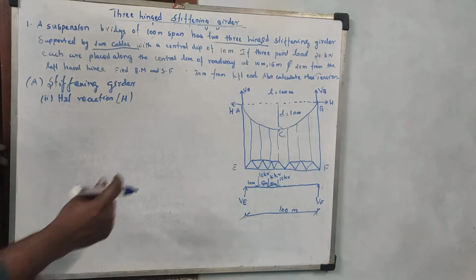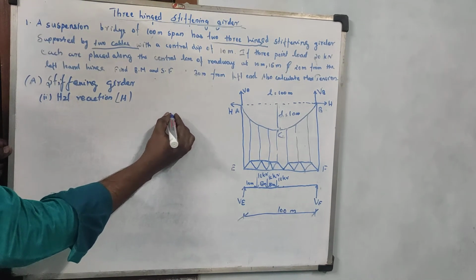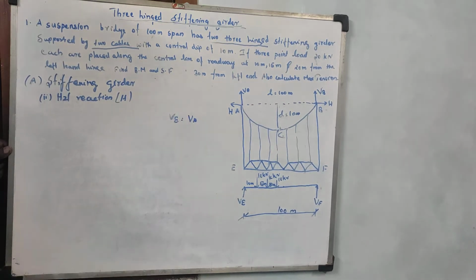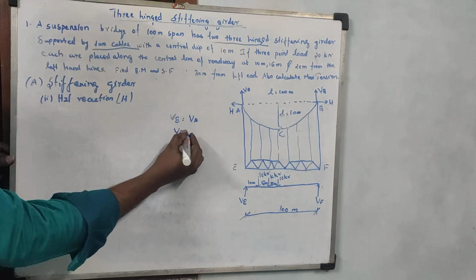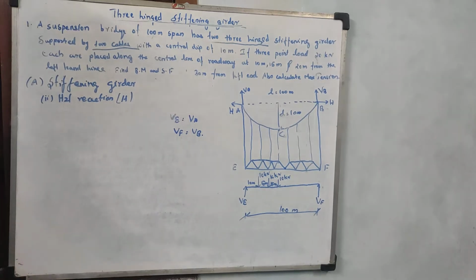And then we assume that vertical reaction VE is equal to vertical reaction VF.